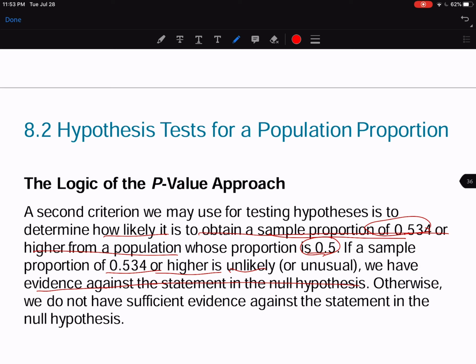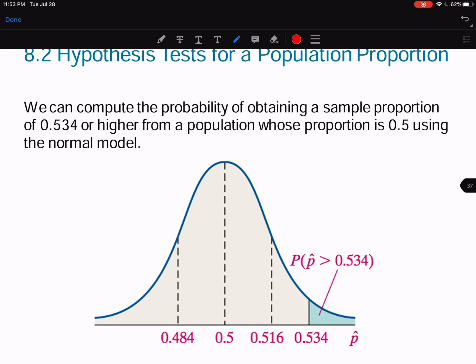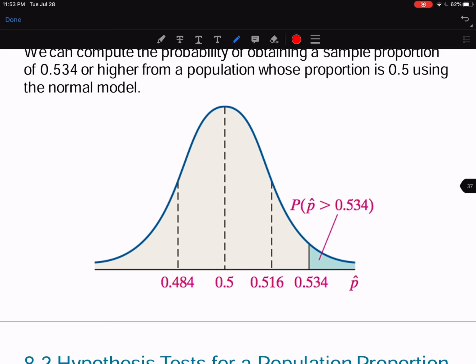We can compute the probability of obtaining a sample proportion of 0.534 or higher from a population whose proportion is 0.5 using the normal model. Since it's a normal distribution, we can calculate this probability, right? First of all, we want to standardize this statistic over here. So z would be equal to p hat minus p over the square root of p times 1 minus p over n.